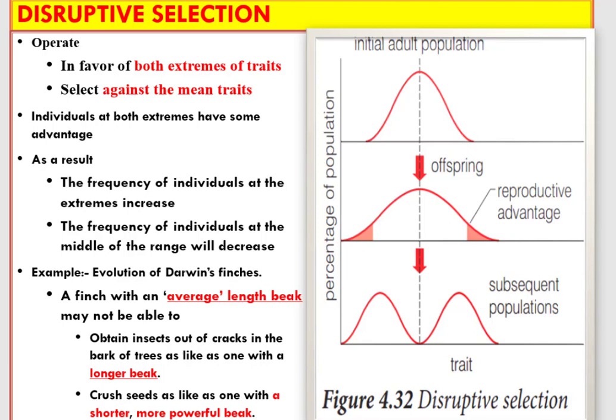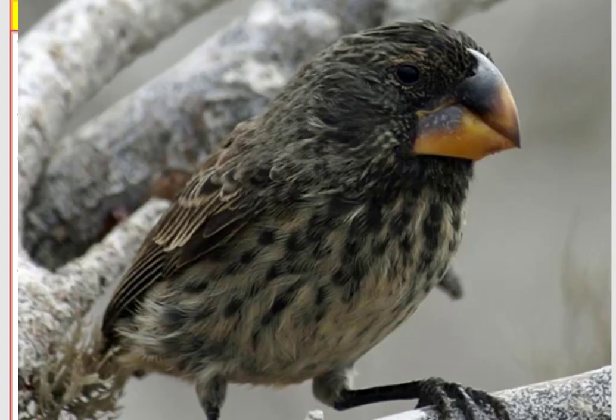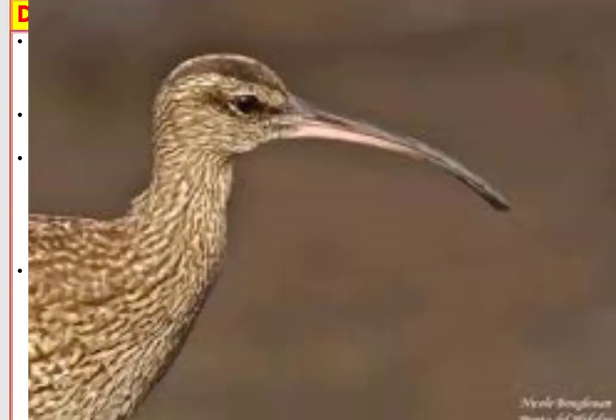The feed includes insects within the cracks and large and hard seeds. In this environment, finches with shorter and more powerful beaks increase since they are able to feed on large and hard seeds. And in this environment again, finches with longer beaks can flourish since they feed on insects that are deep inside the cracks of barks and ground.